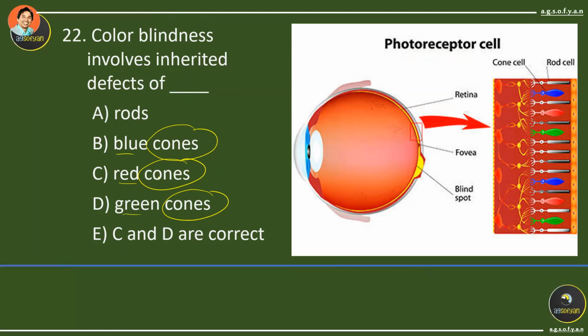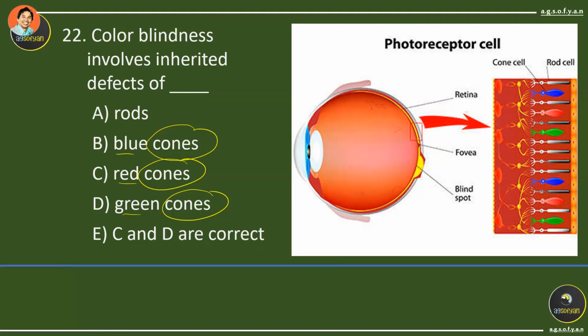With these combinations, we are able to see a different spectrum of colors, just like a color printer that usually has only 3 color cartridges. So blue, red, and green.